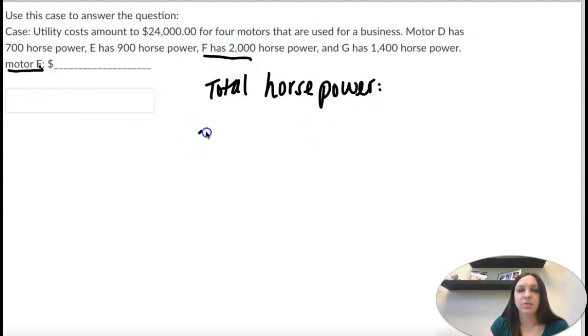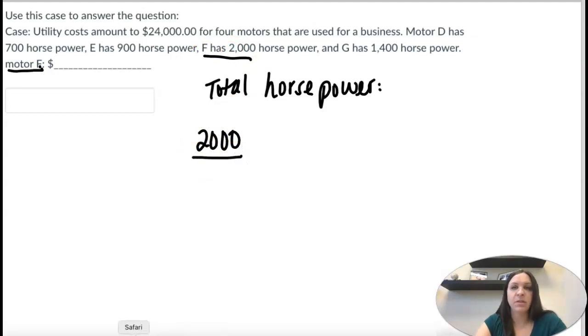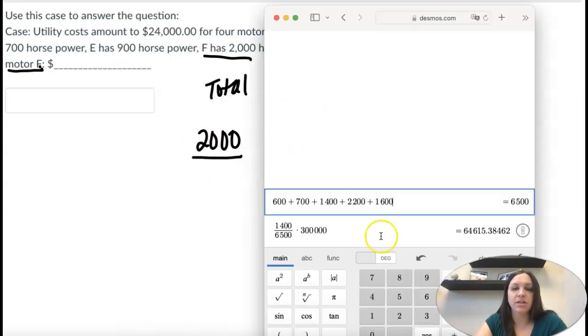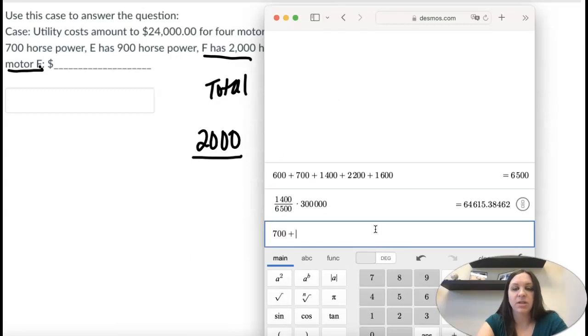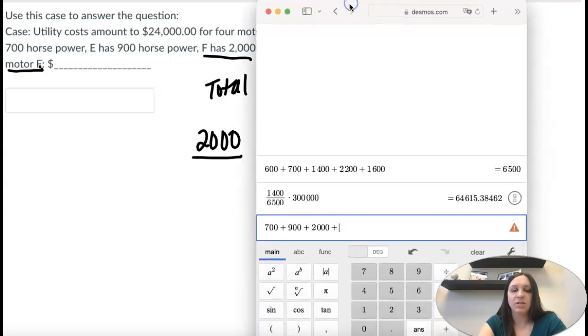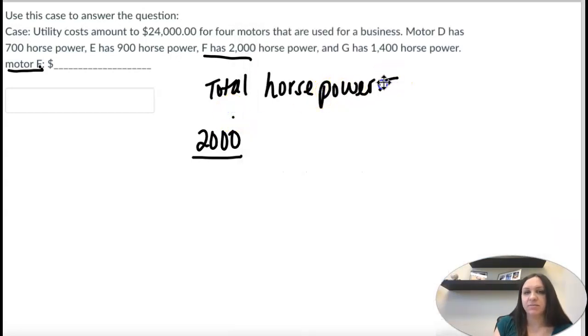So we're going to take 2,000 out of that total. The total is 700 plus 900 plus 2,000 plus 1,400, so our total is 5,000. Again, we're going to create a percentage.